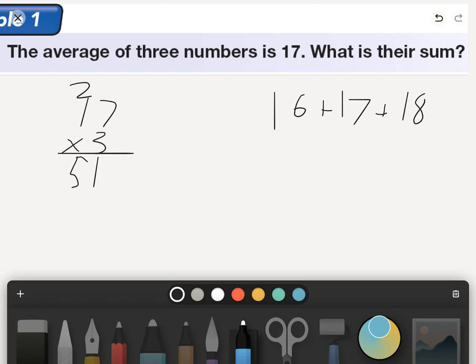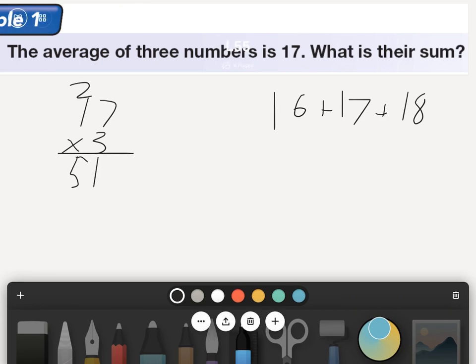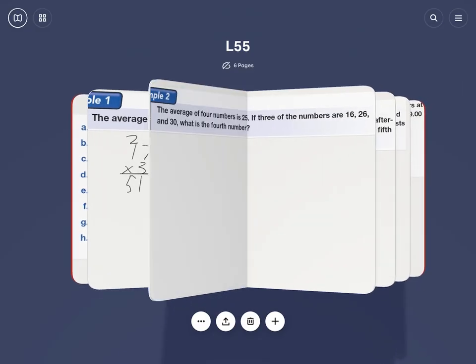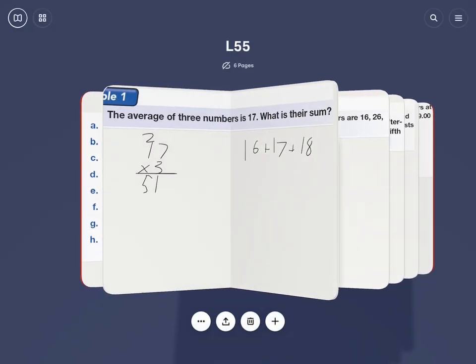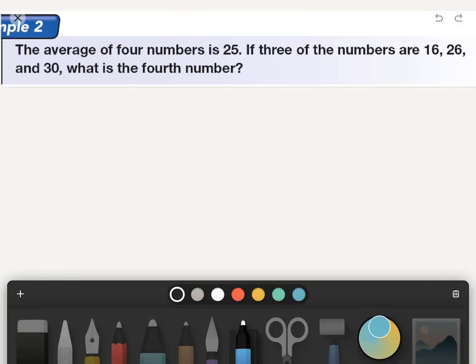We probably shouldn't spend too much time on this. One that you could do is 1, 17, and 33, right? You could come up with some different things, but in terms of answering their question, you just need to multiply by the number of numbers in the average, and you're good. And we will be using that moving forward.